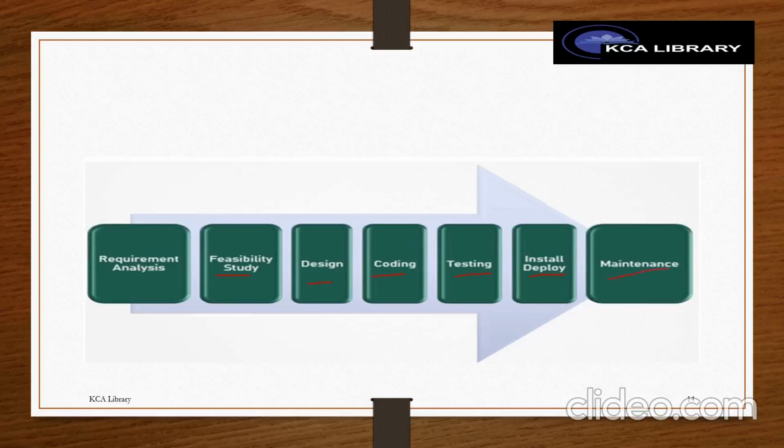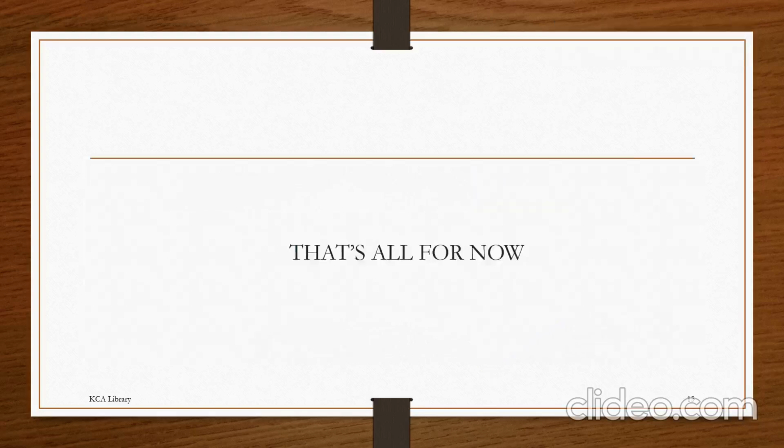Then we have the last phase, which is maintenance. This is where the customer starts using the developed system, and follow-up activities come into play, like bug fixing, upgrades, and enhancing. So that was all for now.